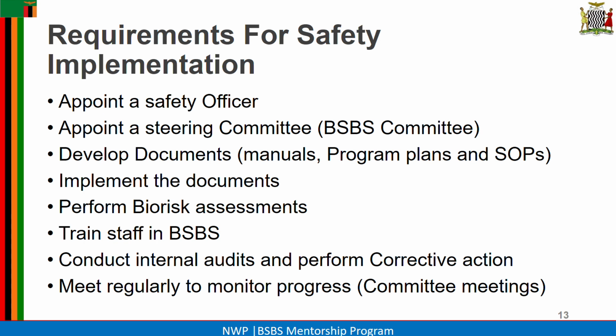One of the key documents that you need to have is your biorisk management procedure. So how do you perform your biosafety risk assessment and your biosecurity risk assessment? And then after that, you need to implement what is written in this document.